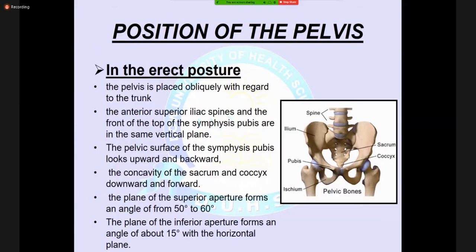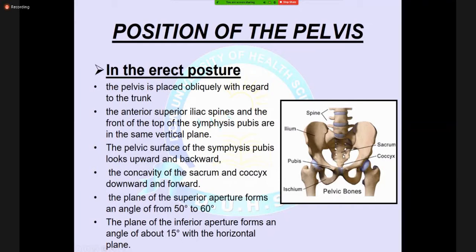So the position of the pelvis when standing erect: the pelvis is placed obliquely, so much so that the anterior superior iliac spine and the pubic symphysis lie in the same vertical plane, which means that the posterior pubic surface would be facing posteriorly and upwards, whereas the pelvic sacral surface would be facing anteriorly and downwards.